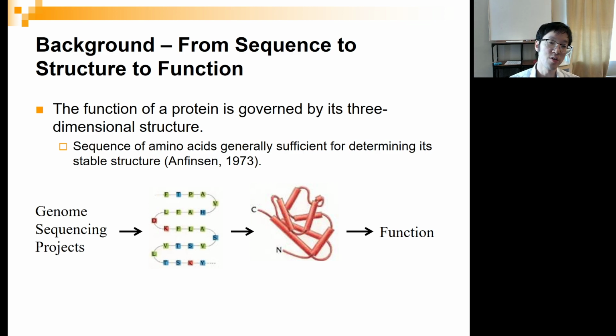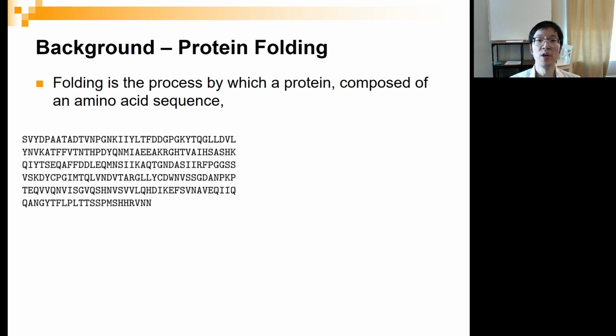The first step is determining what is the amino acid sequence. Of course, we have much more sequence data than structure data, as I will explain in a moment. But that's the first step in being able to study protein structure and function.